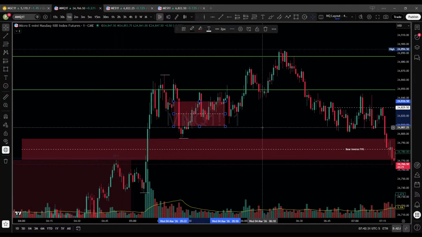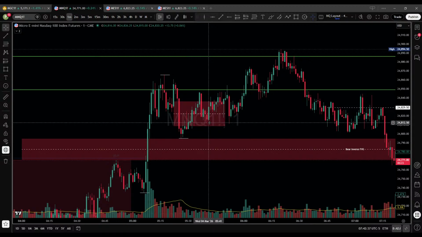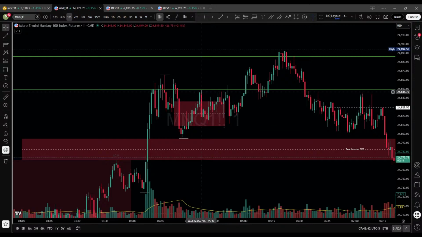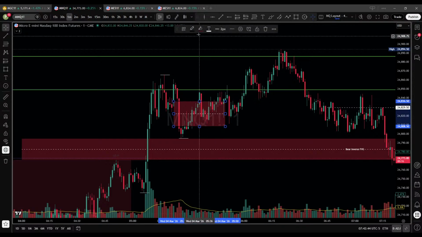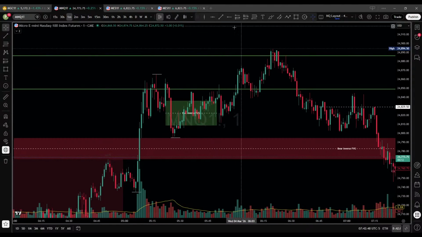Now there's this bearish fair value gap, right? But once the price made this low, it never made the same low again. It just continued higher. It took out this bearish fair value gap and created a bull inverse fair value gap, right?